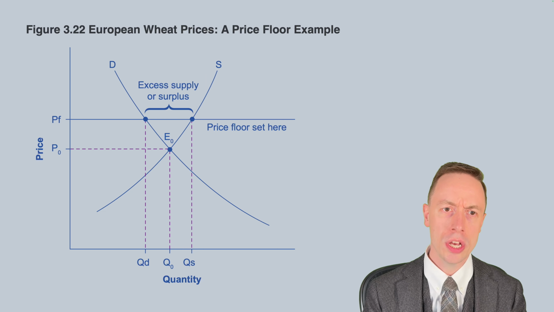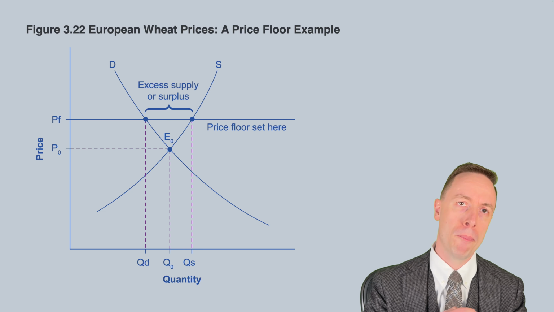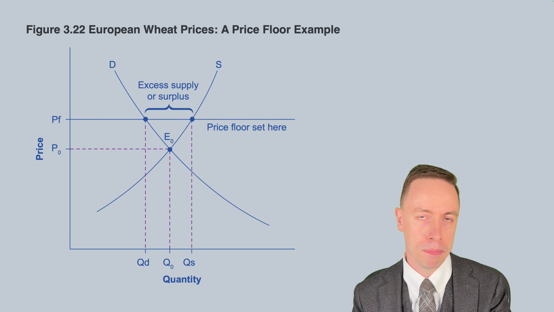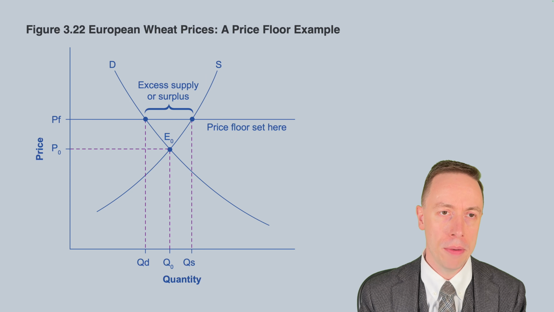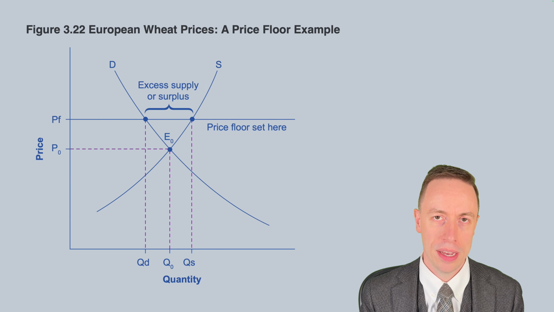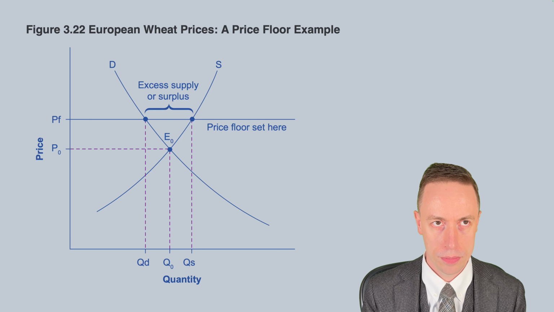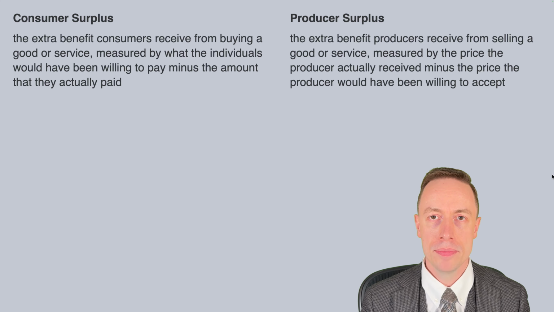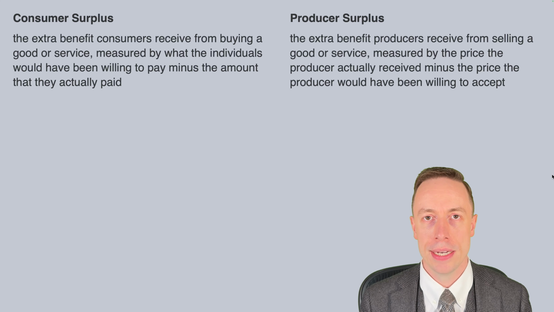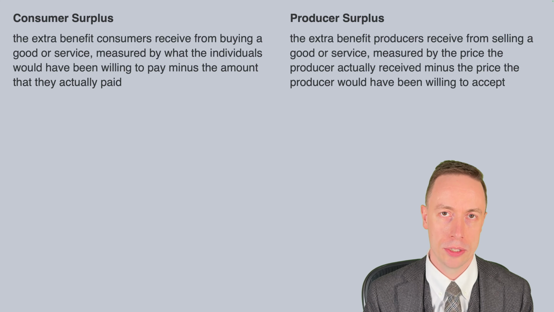So this is the basic story of price floors and price ceilings leading to an imbalance in the market if they make the equilibrium illegal. Really, where economics comes in is to analyze the efficiency of such policies.